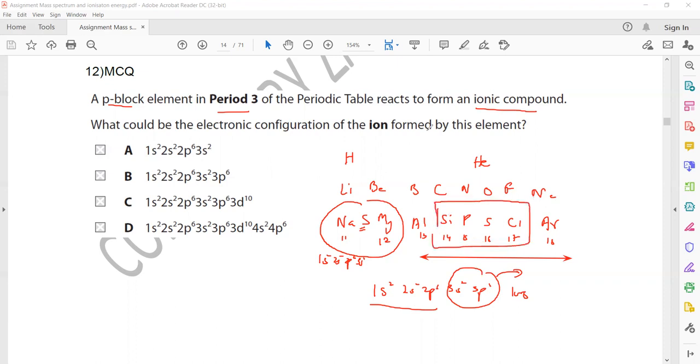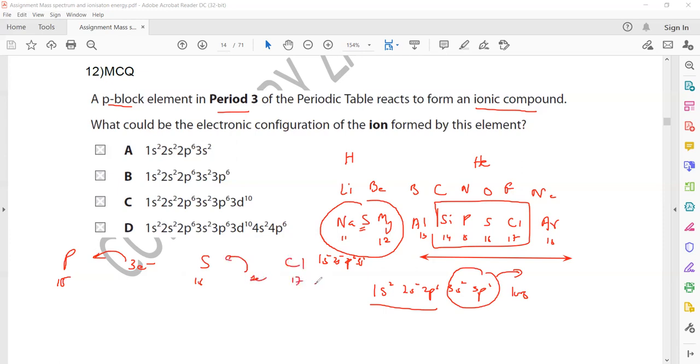When these non-metals react to form an ionic compound, they tend to gain electrons. If we take the example of phosphorus, which has 15 electrons, to make it 18 it will take 3 electrons. Sulfur, which is 16, will take 2 electrons.